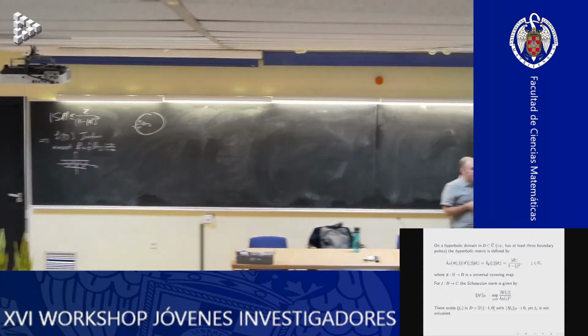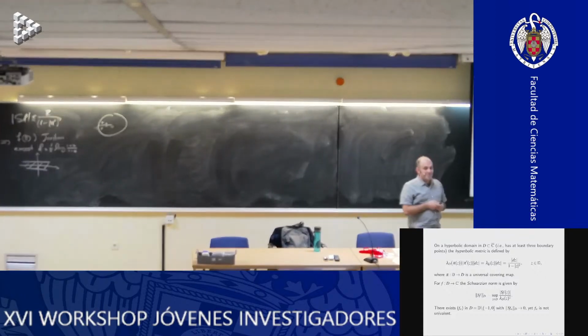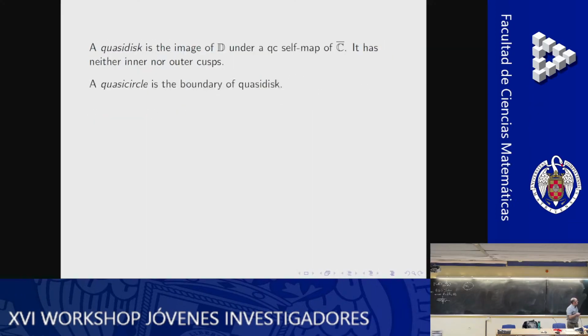Well, immediate question, let's characterize. And here comes the big theorem. First of all, a definition. A quasi-disk is the image of the unit disk under a quasi-conformal mapping of the whole Riemann sphere. The geometric understanding of these quasi-disks is that they have neither inner nor outer cusps.